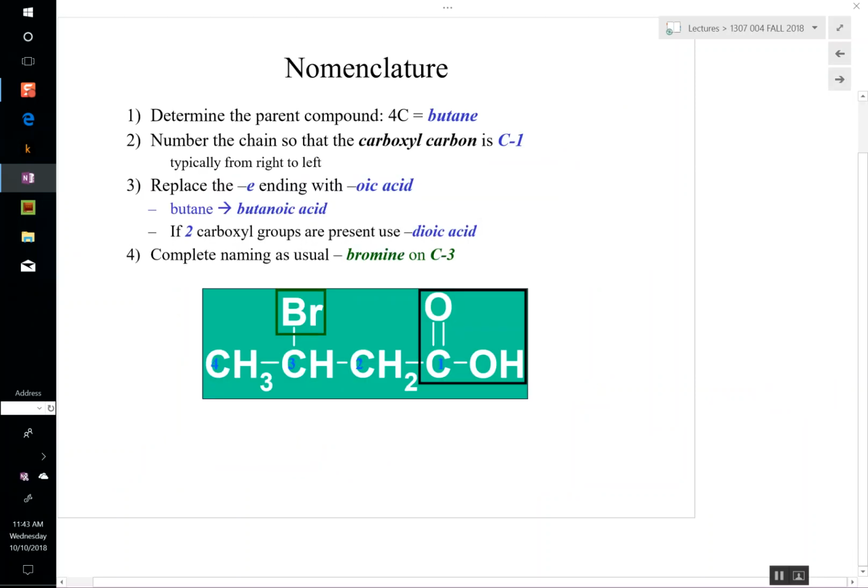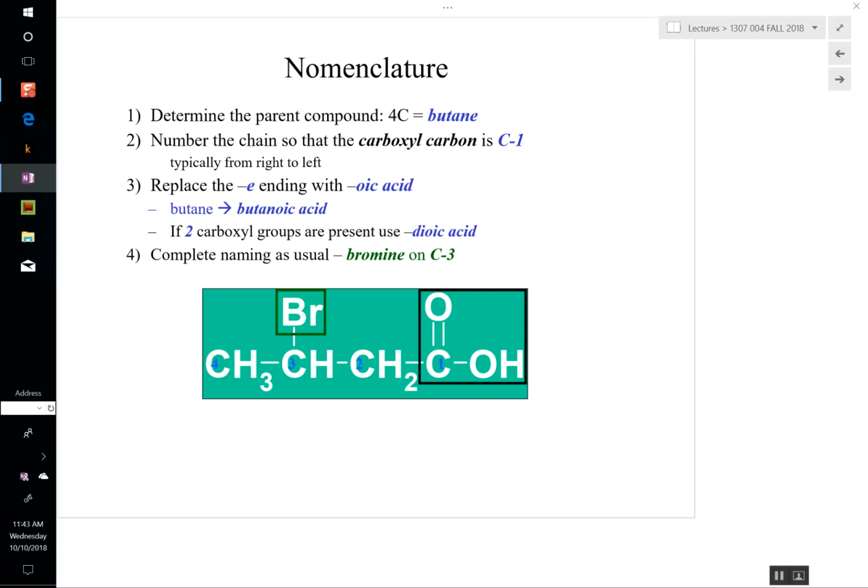All right, let's get into nomenclature. We've touched on it already. Number 1, always find the longest chain. 1, 2, 3, 4. It's the longest chain.